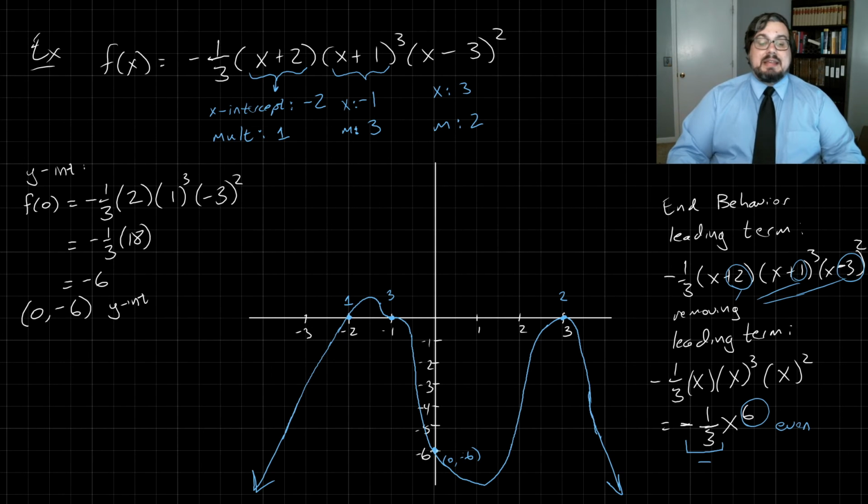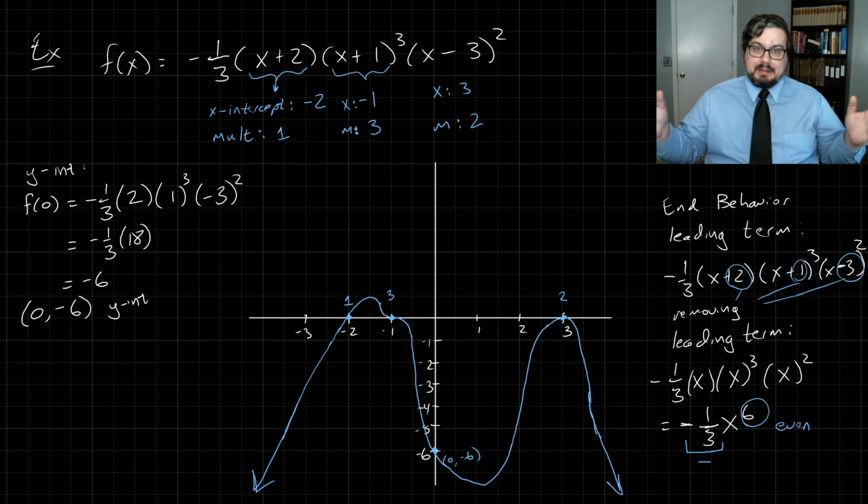And so this is approximately what the graph of this function f looks like. It's fairly crude. It's only giving the broad idea of how this function behaves.